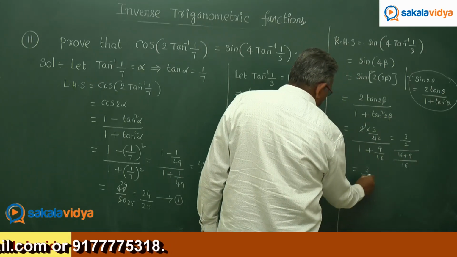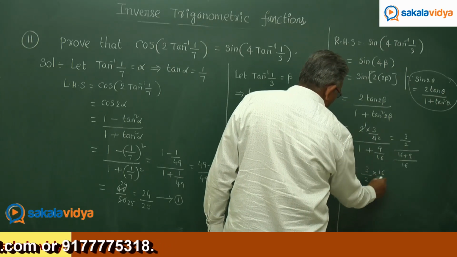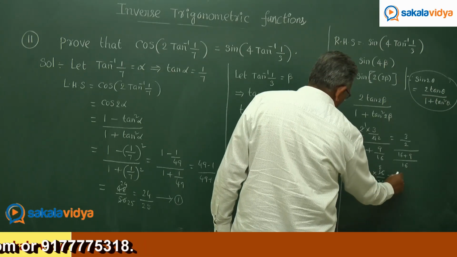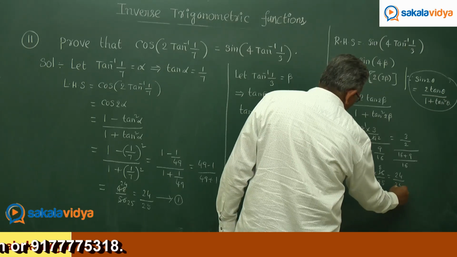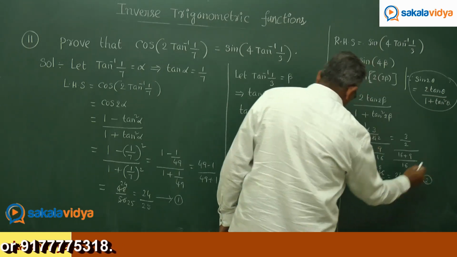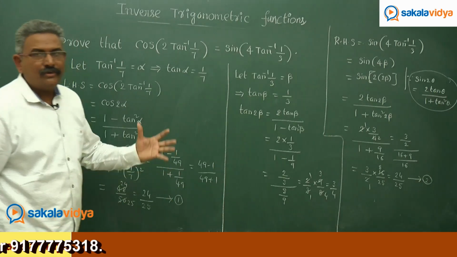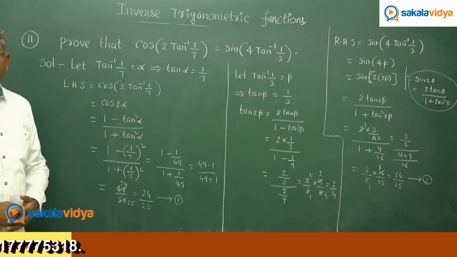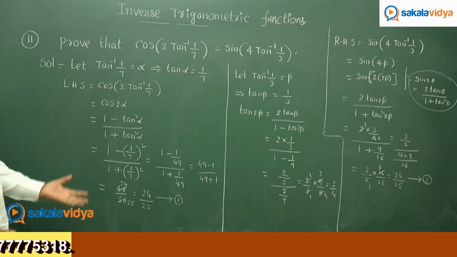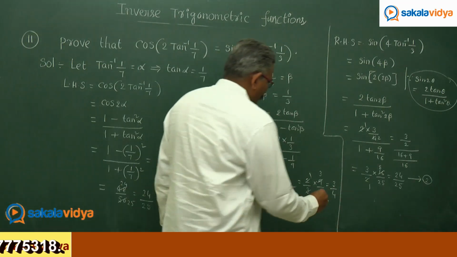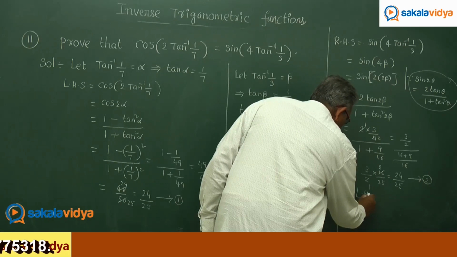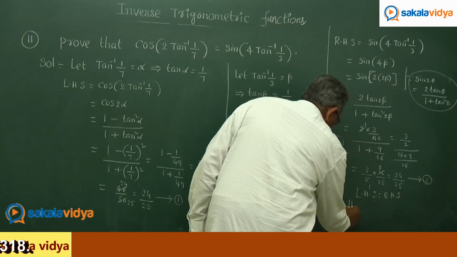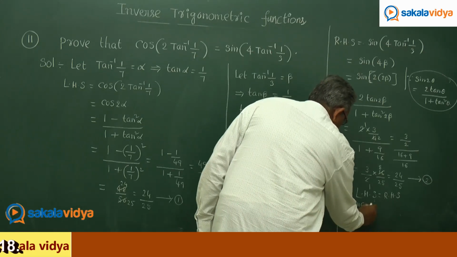So 3 by 2 into 16 by 25. That is 24 by 25. Say this equation 2. Now what do you observe? Equation 1 equal to equation 2. That means LHS is equal to RHS. Hence it is proved. Hence it has been proved.